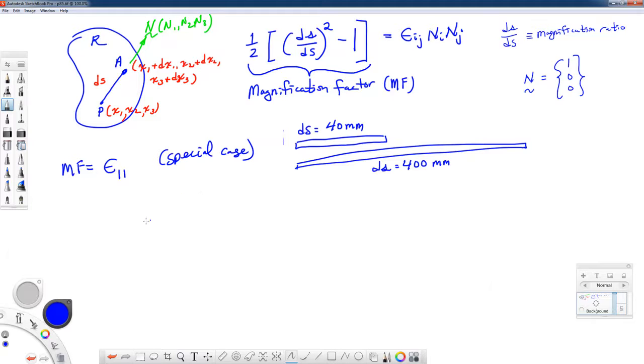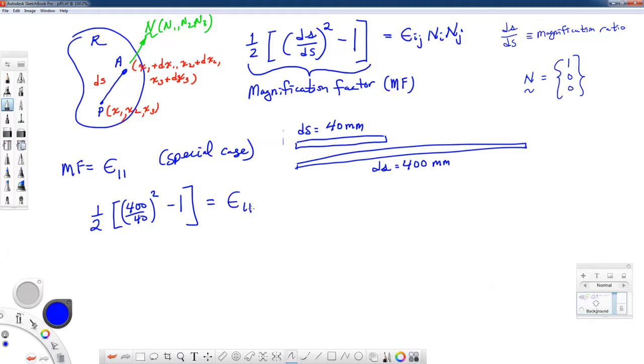So we can take a look at our magnification factor. In this case, we've got 1/2 times (ds'/ds) quantity squared. So we have 400 divided by 40, that quantity squared minus 1, and the whole thing divided by 2.